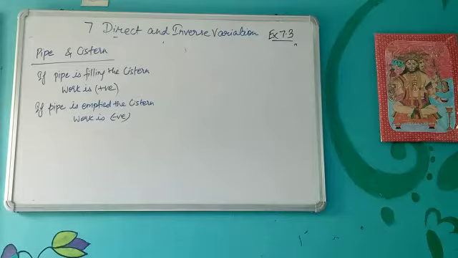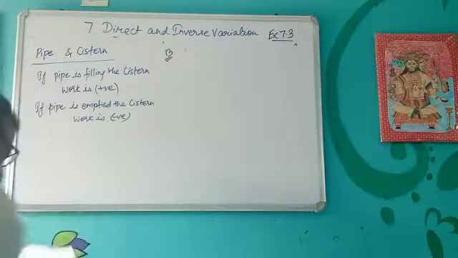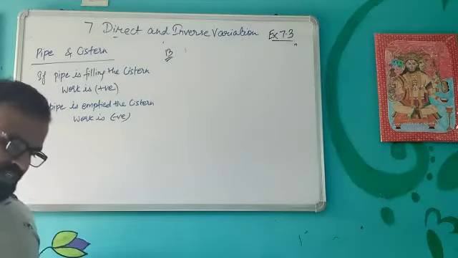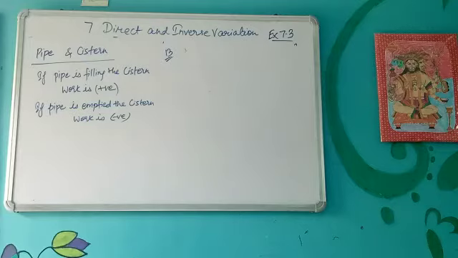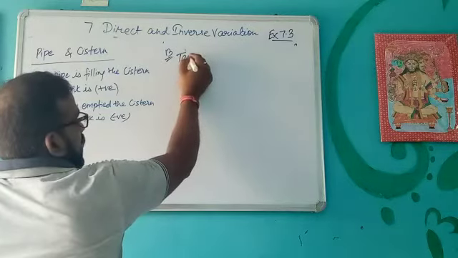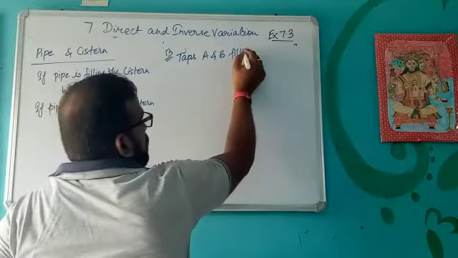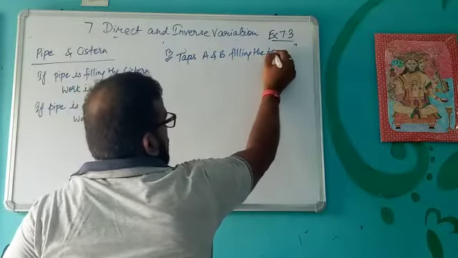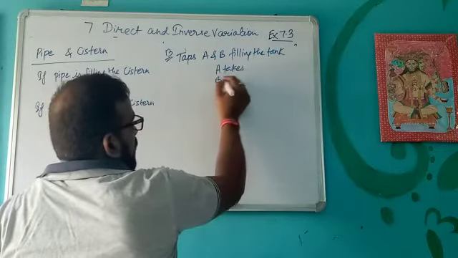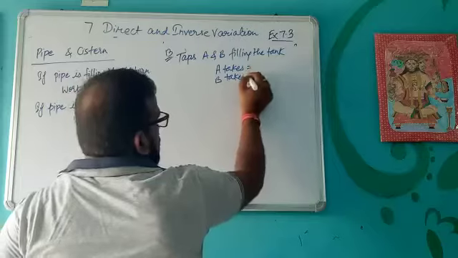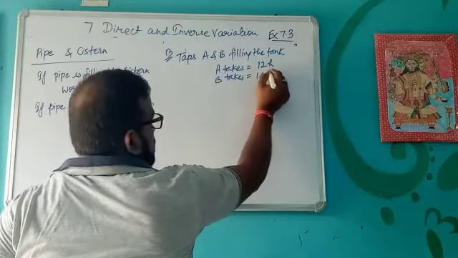And how to solve the question? Let's see question number 13. In this it is given that two taps A and B can fill a tank in 12 and 16 hours. So taps A and B are filling the tank. A takes 12 hours and B takes 16 hours.